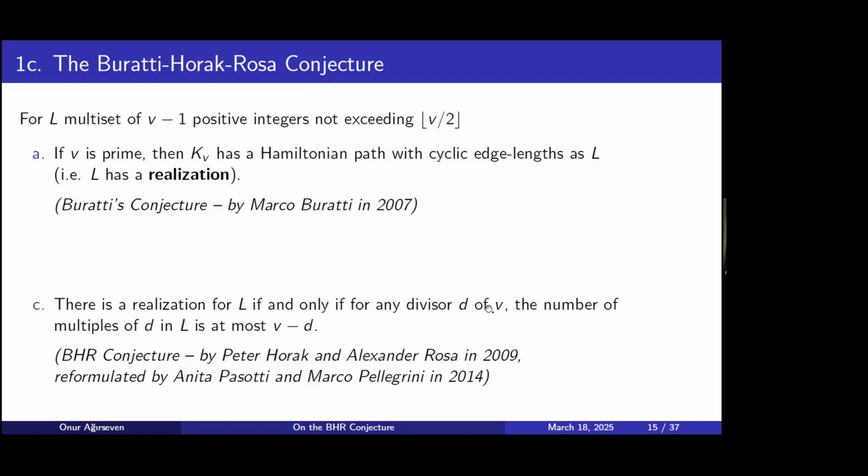They are not all realizable because if you have a divisor of V, then of course using steps only via this divisor, you will never be able to move to, let's call them cosets, right? So you'll never be able to move to the other cosets. So the divisor D of V will have D different cosets that need to be bridged by a step of a different type.